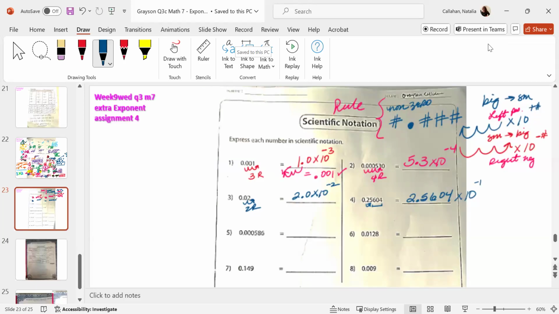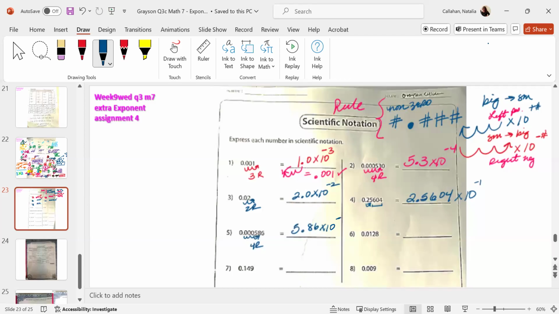Door, man. Okay, this one, 1, 2, 3, 4. Okay. This one, I don't know why the heck is that going up. That's right. Okay.